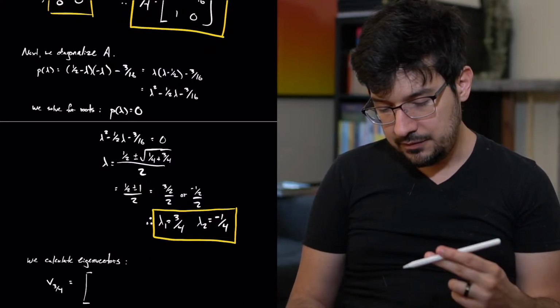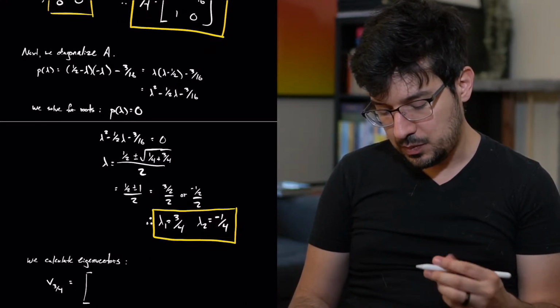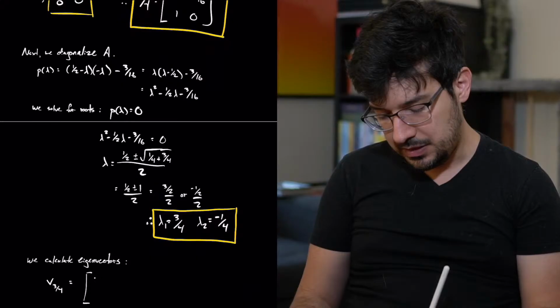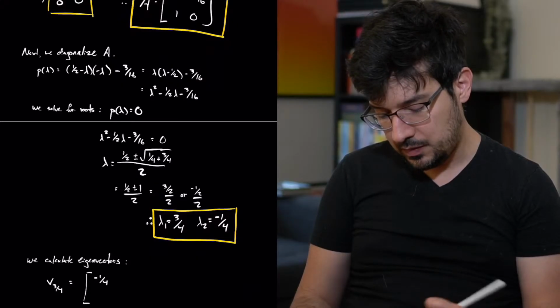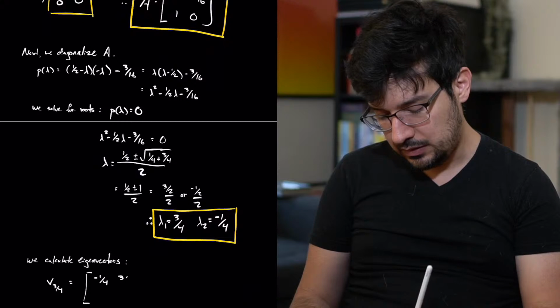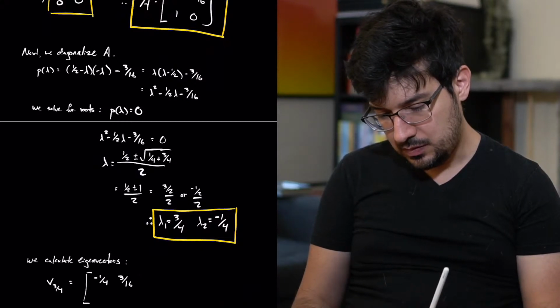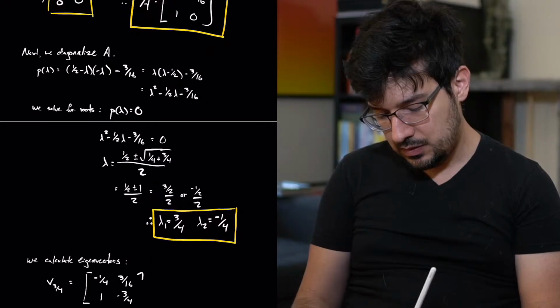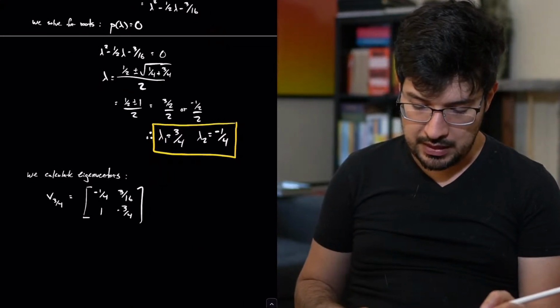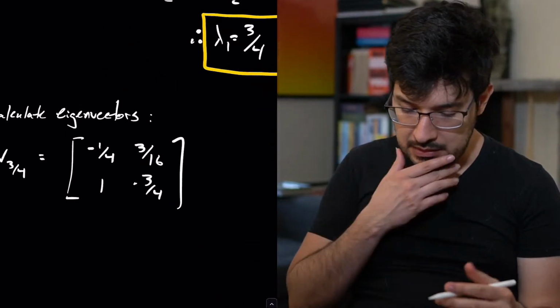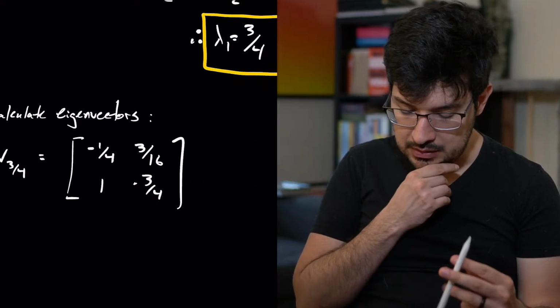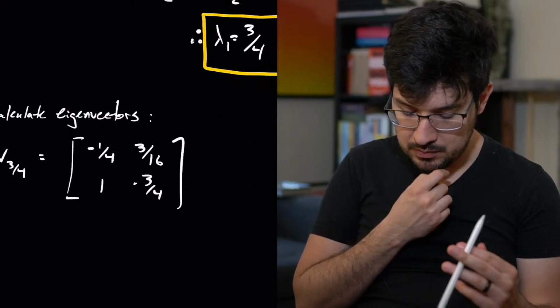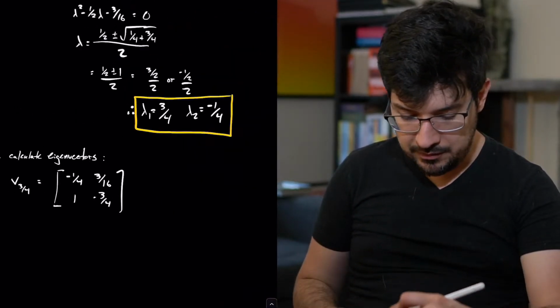So negative 3/4 plus 1/2 would be negative 1/4, 3/16, 1, and negative 3/4. We should see that those two rows are linearly dependent, and that does seem to be true. Yep.